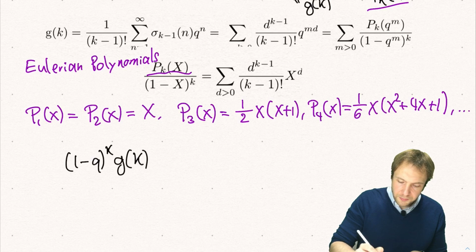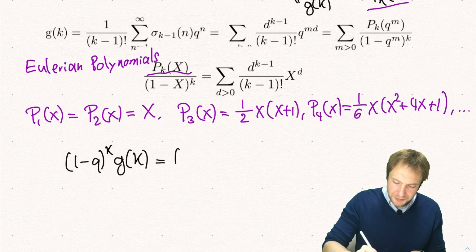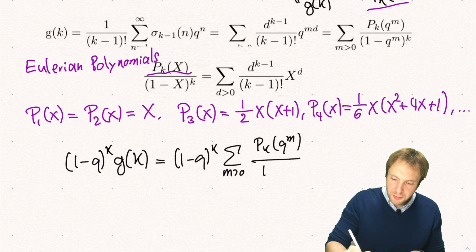So this is by definition, not this, but this is this: p_k(q^m) times (1 minus q^m) to the power k.